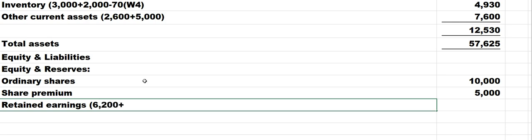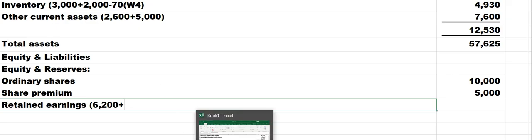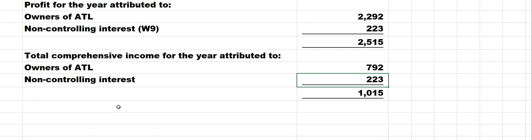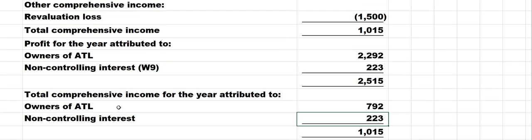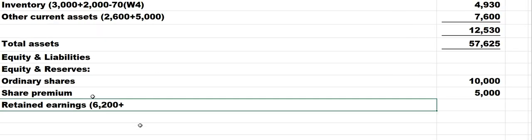Then plus the share in the profits for the year. The owners of the parent, their share in the profits for the year is 2292. Because now you have a profit or loss statement, and you already know what goes to the parent's shareholders in terms of the profits for the year.